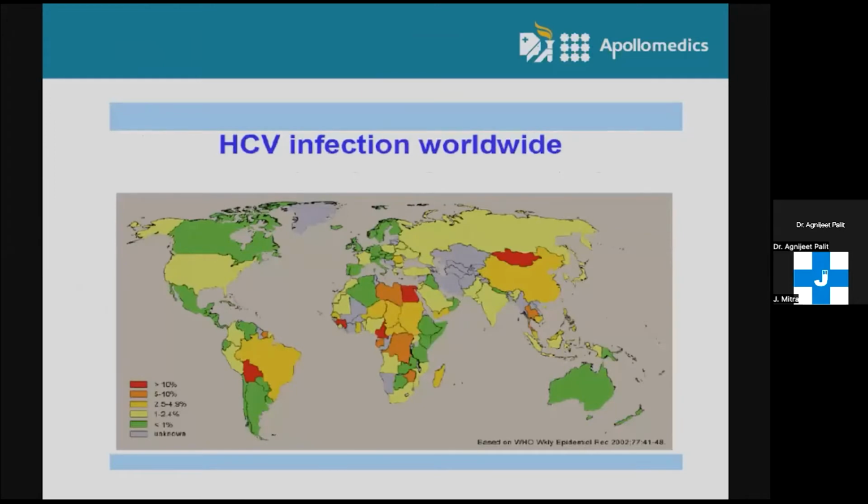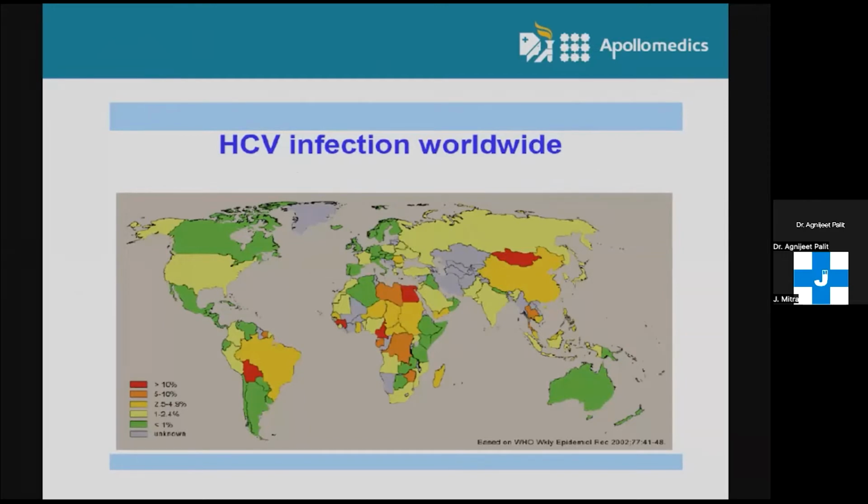Infection with hepatitis C virus remains chronic in 70 to 85% of infected individuals. In 20 to 40% of cases, chronic hepatitis C infection causes end-stage liver disease like cirrhosis, hepatocellular carcinoma, and liver failure about 20 to 30 years after hepatitis C virus infection. I will dwell into the details about why hepatitis C virus infection is mostly chronic in the later slides.